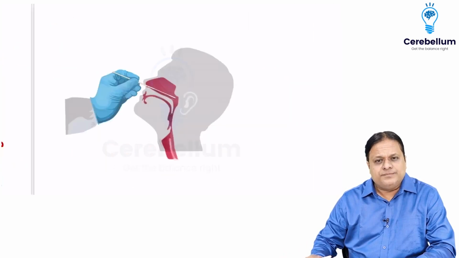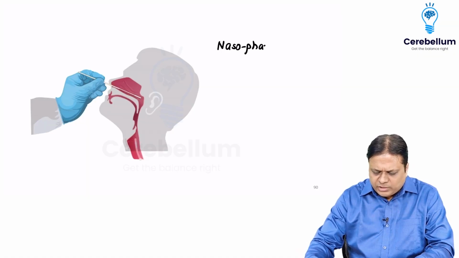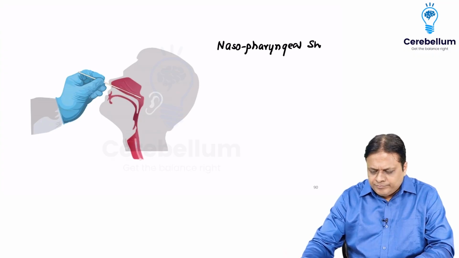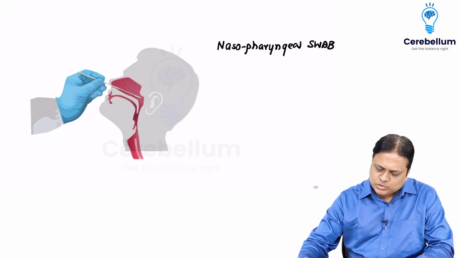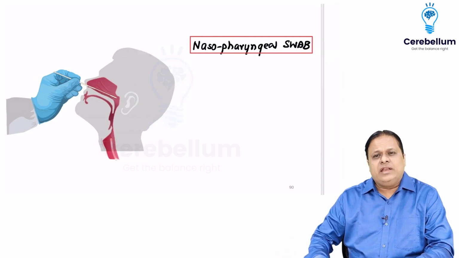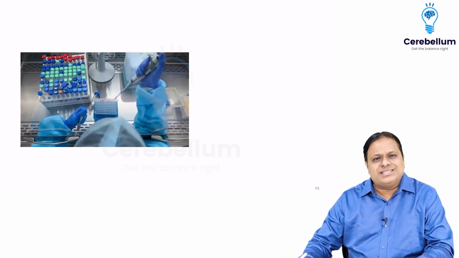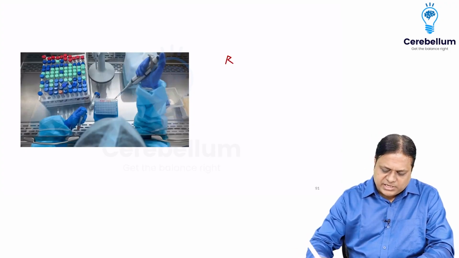Let's move further. This is, yes, nasopharyngeal swab used for diagnosis of many important infections in the country like swine flu, like COVID-19. And what is shown in this particular image is the, yes, RT-PCR test.